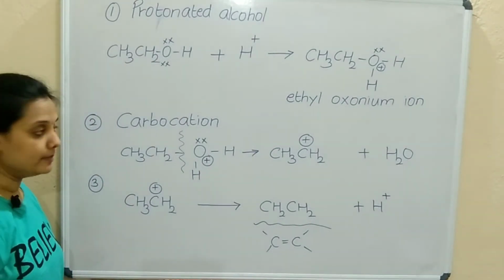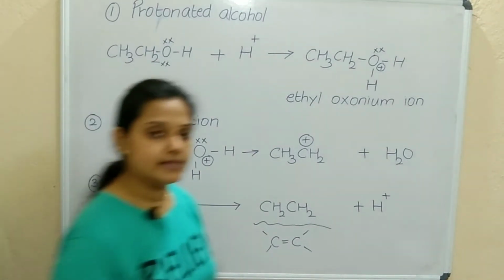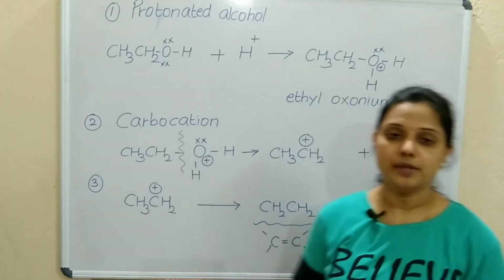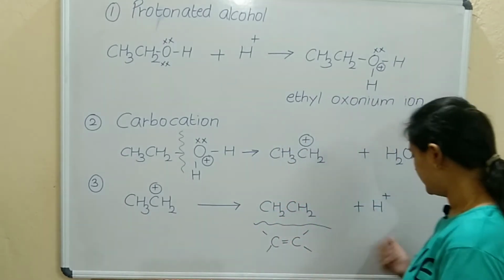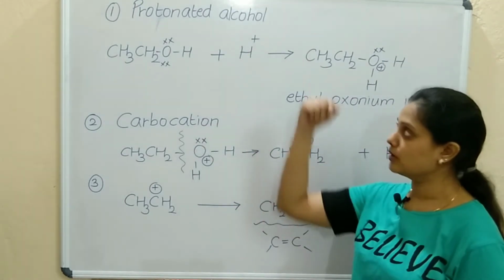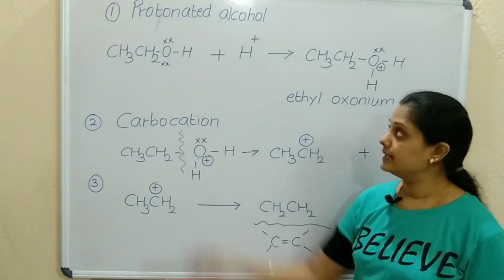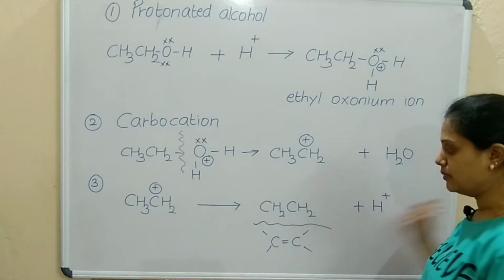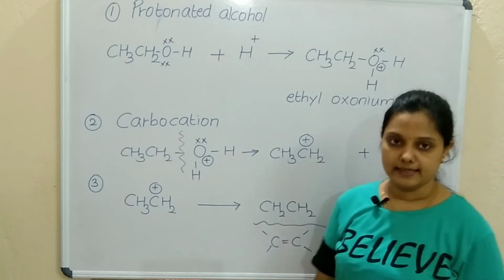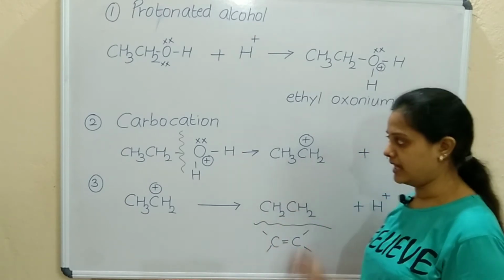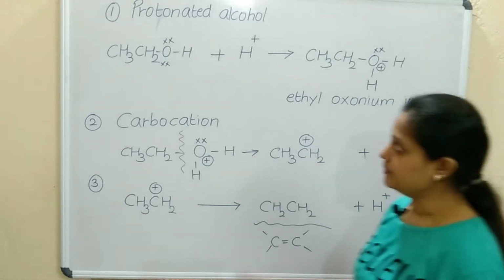That means sulfuric acid is helping in the dehydration process, removal of water, removal of proton. It takes part and gets removed, finally forming the alkene product. So this is the mechanism, an easy mechanism.